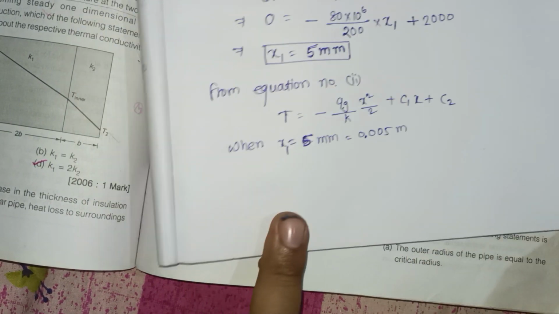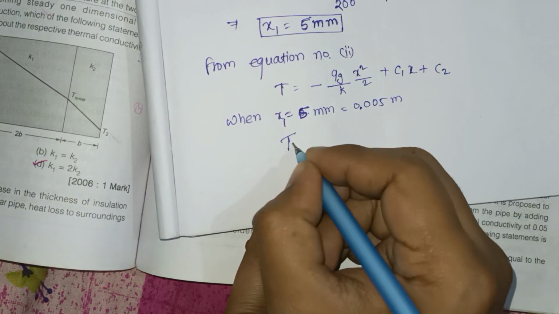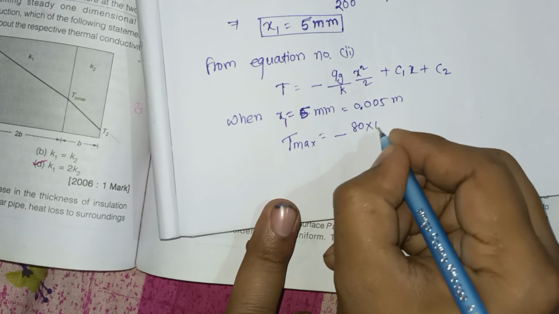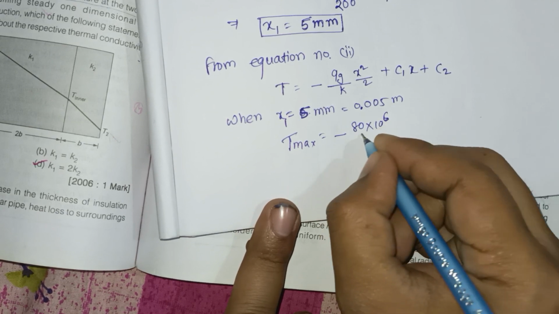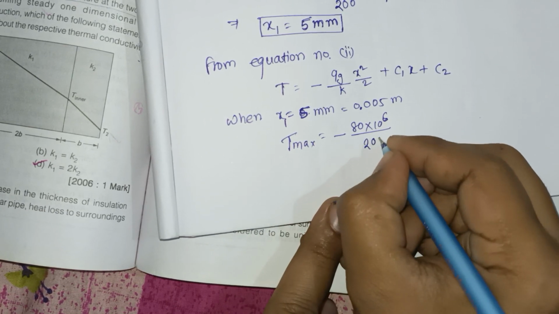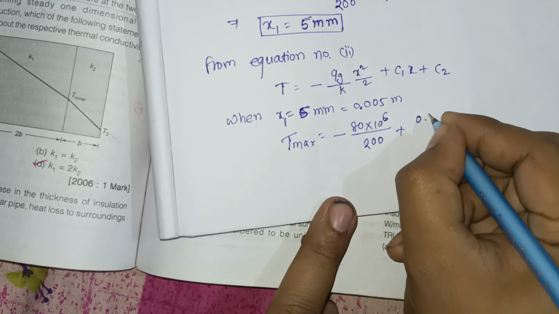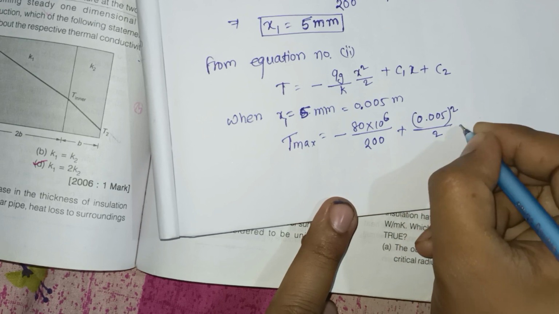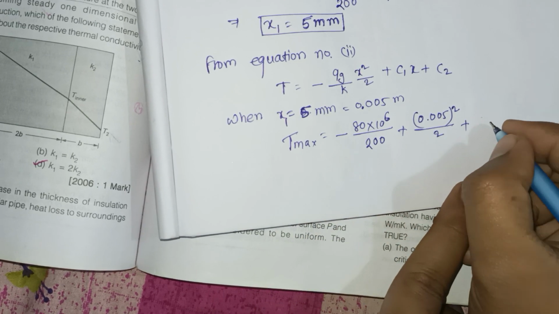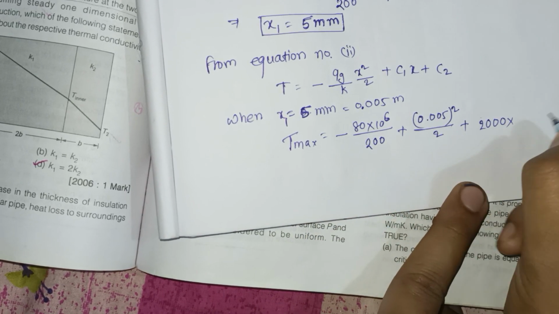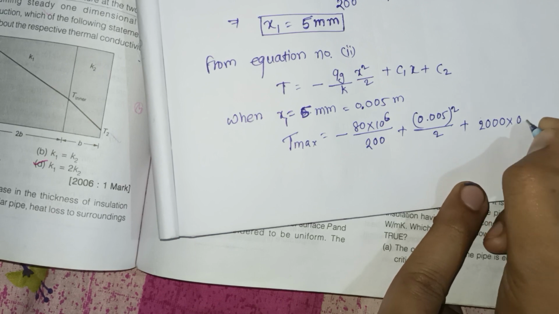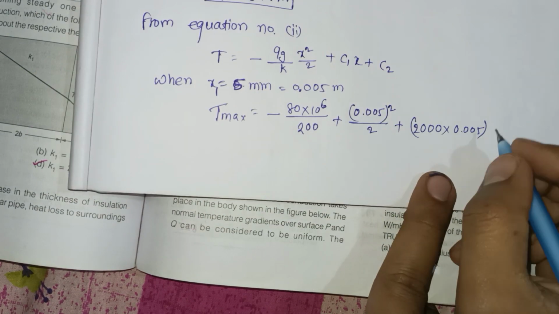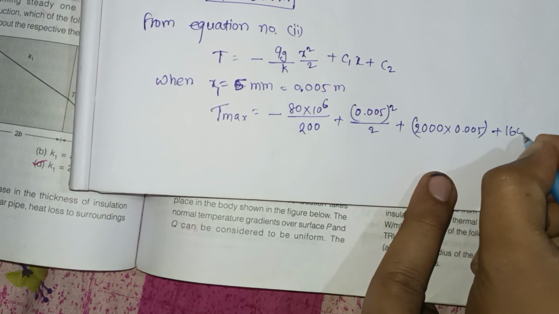When x1 is 0.005, then you have to find out the t. So t will be the maximum, that is equal to minus 80 into 10 to the power 6 by k. What is the value of k? That is 200, into x square by 2, 0.005 square by 2, plus c1x, that is 2000 into 0.005, plus c2, that is 160.